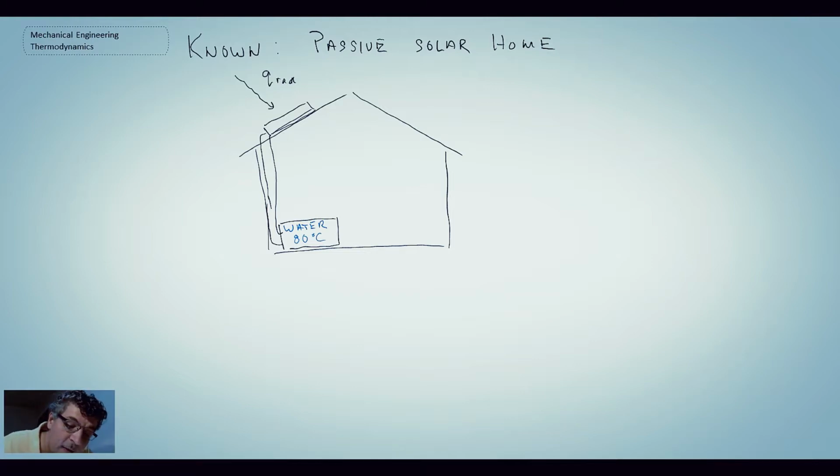The other thing going on, we have the room temperature being maintained at 22 degrees C, and the way that we're doing that is we have this backup electrical resistance heater, which has a work of, I'm going to say, minus 15 kilowatts because we're putting work into our system.